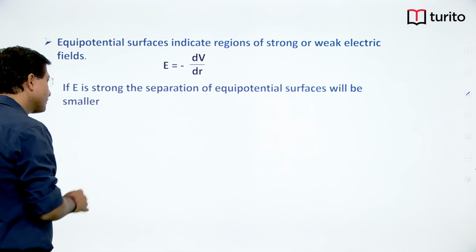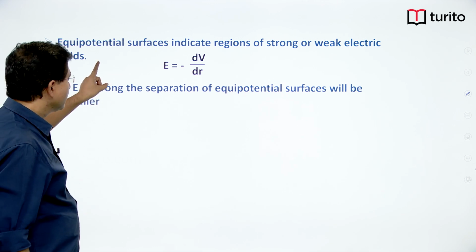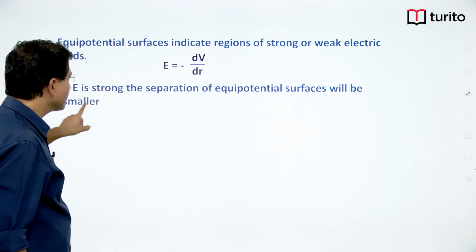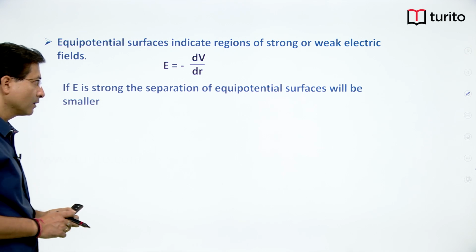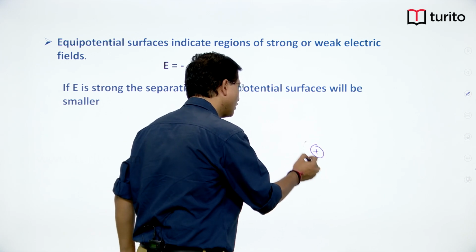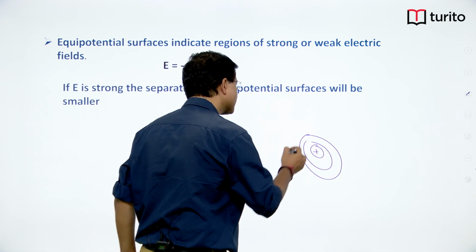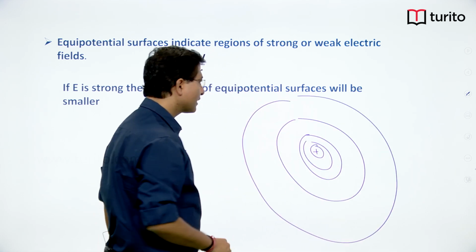If we go along the field, right, you can see that the separation between equipotential surfaces will be smaller where the field is strong. Just now we have seen, because of the positive charge, we got equipotential surfaces something like this, right.